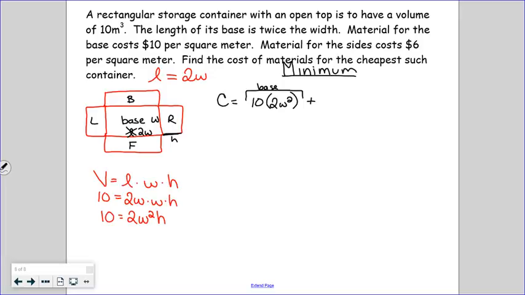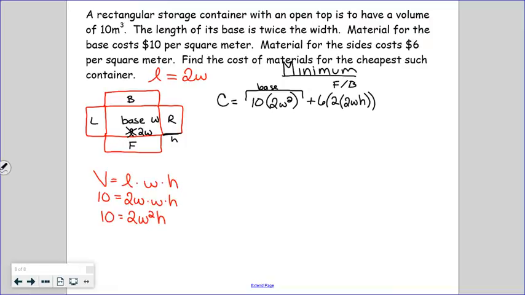If we were to look at the front and back, again, $6 per the square footage of that. There are two of them. There's a front and there's a back, both of which have the same dimensions, and that dimension would be 2W times H, times the height of our container, right? So I would have 2WH in there.